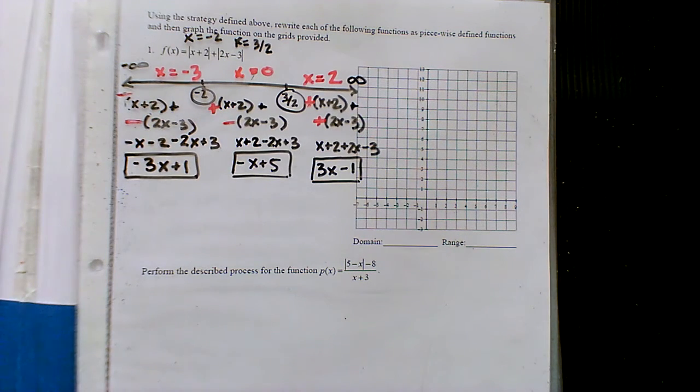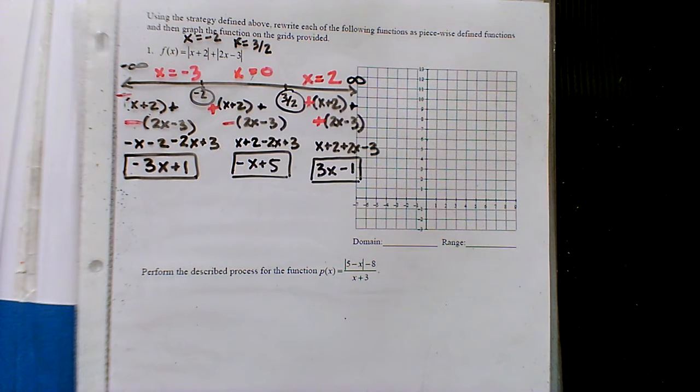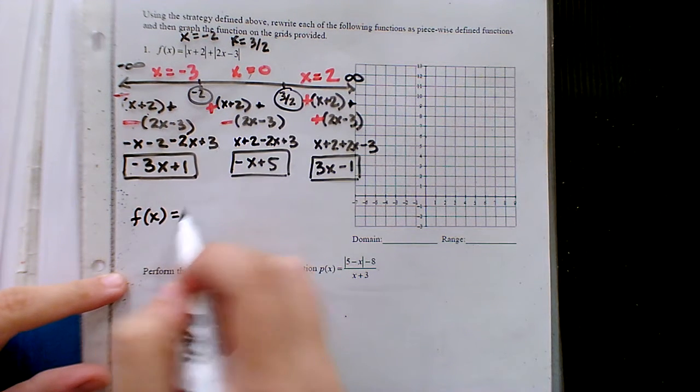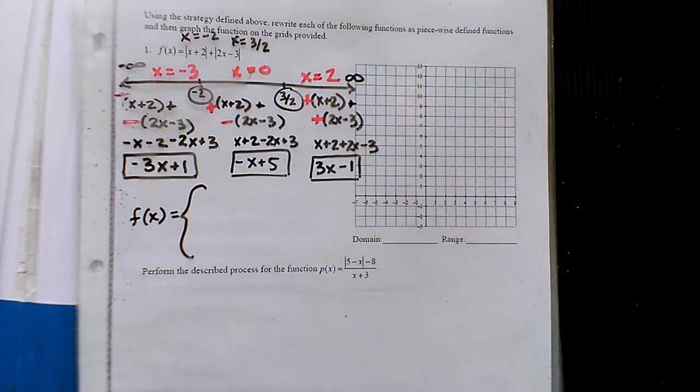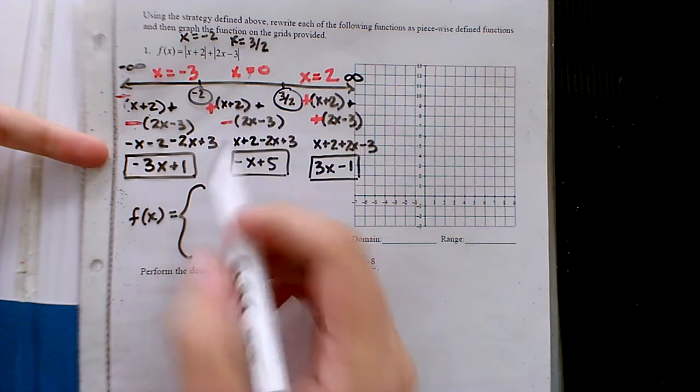So this graph of these two absolute values being added together is really the graph of these three separate lines. Okay, and we're going to use those lines to help us get a picture of it. So combining all this information together, we're going to write our piecewise function. So our results are 3 lines.